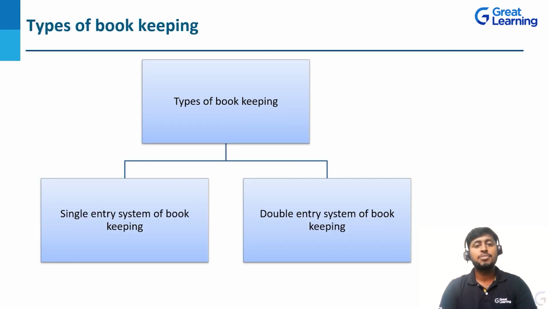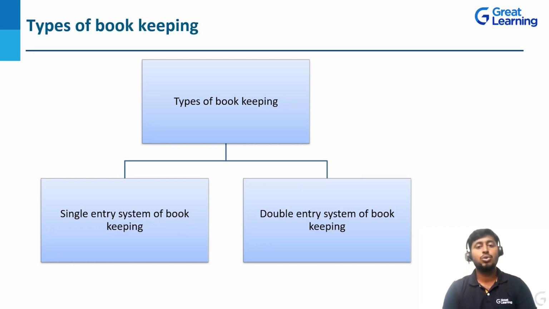Next, types of bookkeeping. We already discussed methods of bookkeeping. We have two methods: one is manual entry and the second one is computerized entry, or traditional method of entry and modern method of entry. So method is different, types of bookkeeping are different.